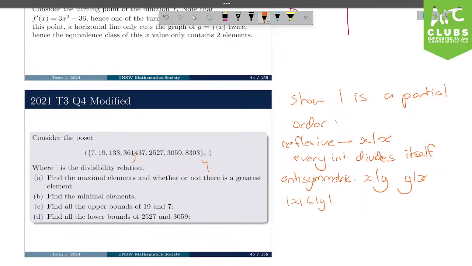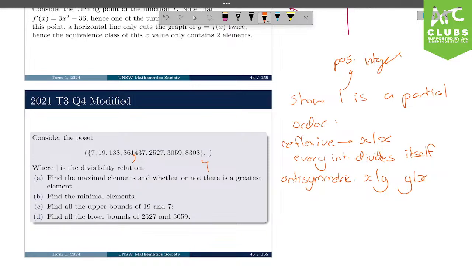Okay, we define this over positive integers.